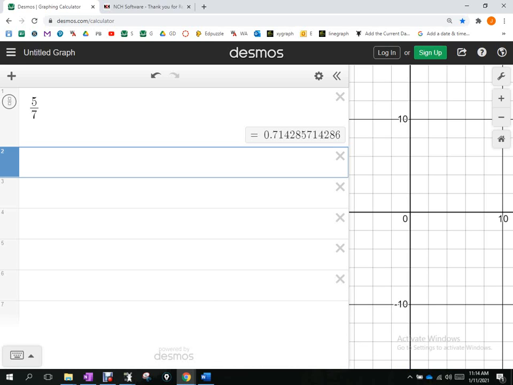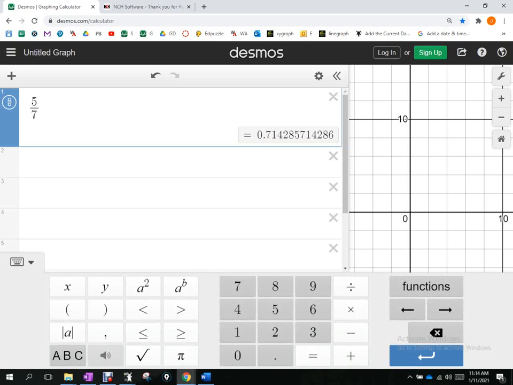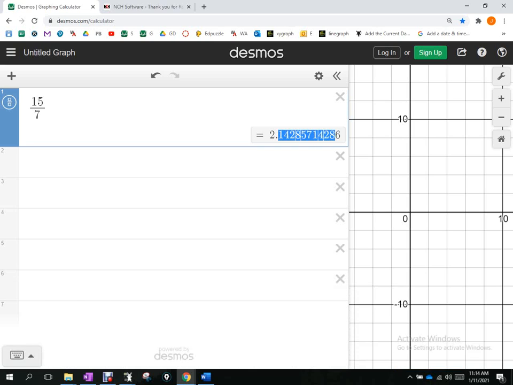Does that make sense? If I have 15 divided by 7, I'm doing the division. I can divide any two things I want to, but I would not say that 15 is divisible by 7 because there's a remainder here, right? Does that make sense?